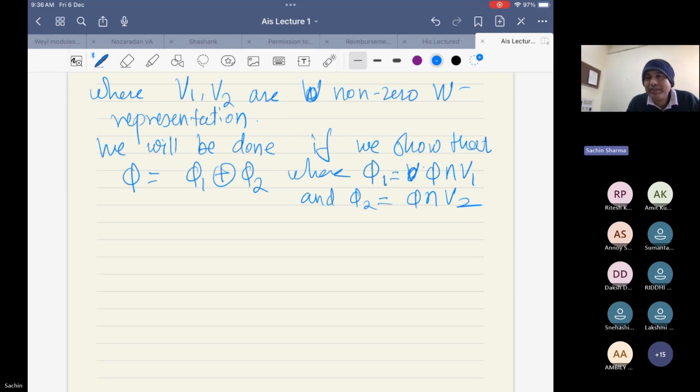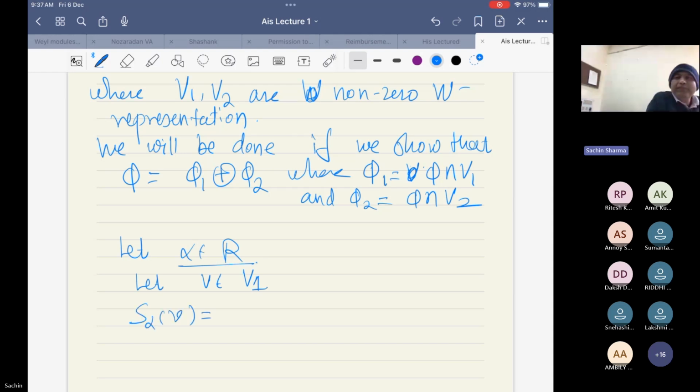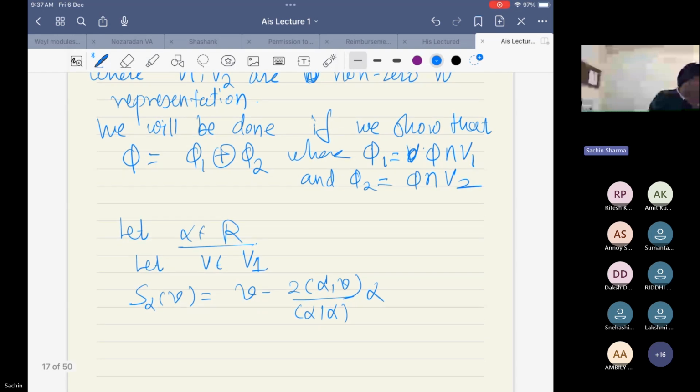So far, any questions? We are just beginning from where we left off yesterday. So let alpha belong to Phi, and let v belong to V1. Consider s_alpha of v. By the definition, this is nothing but v minus 2 (v, alpha) over (alpha, alpha) times alpha. Now, as V1 is a representation of W, where does s_alpha v belong?